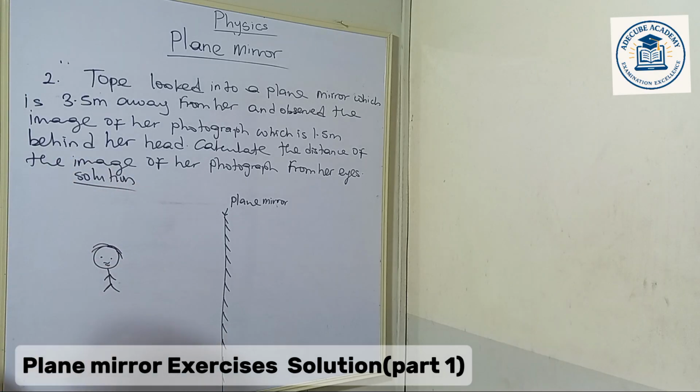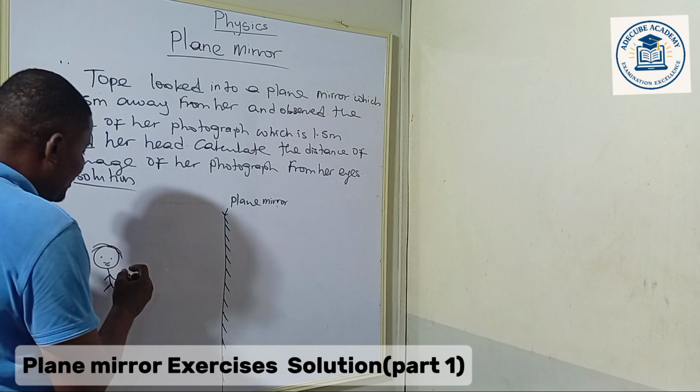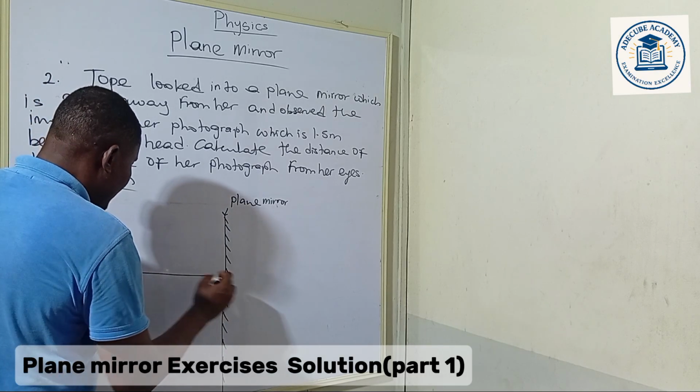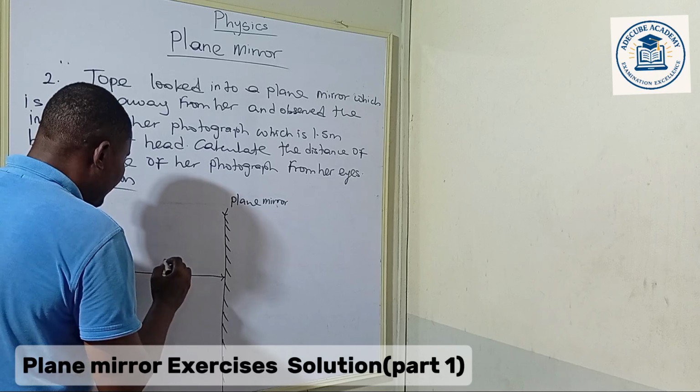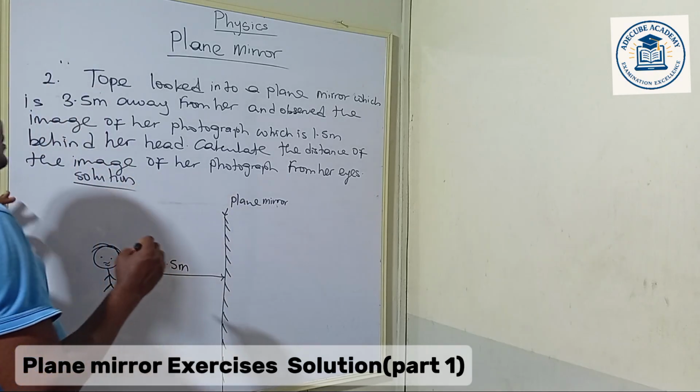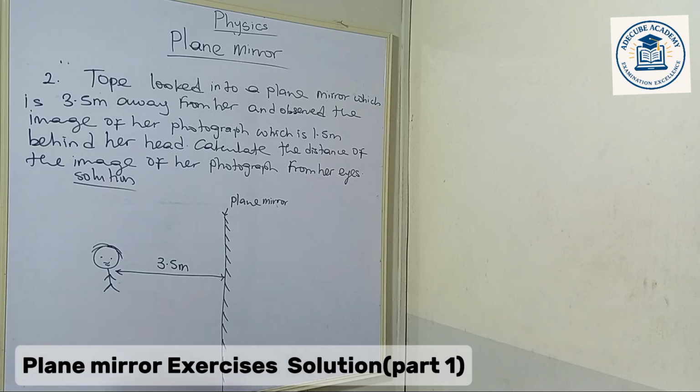Now, Topper looked into the plane mirror, which is 3.5 meters away from her. The distance between Topper and the plane mirror is 3.5 meters.